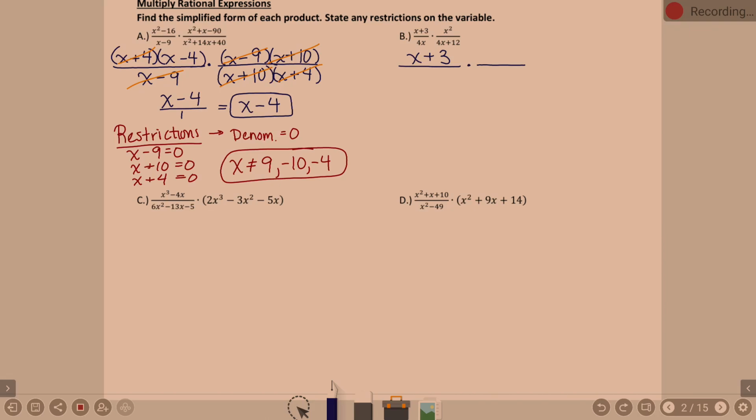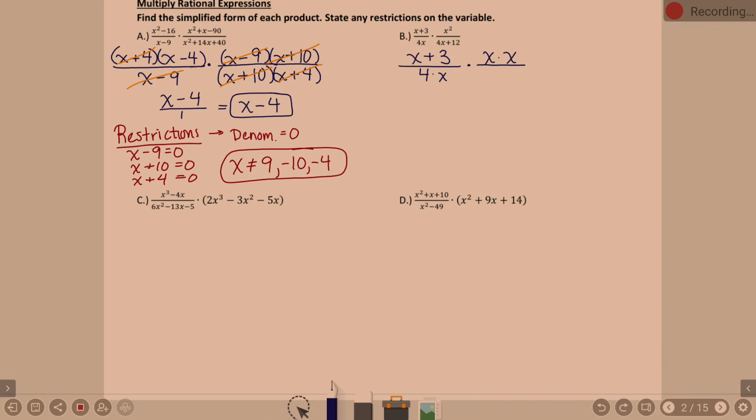Do you agree that 4x is 4 times x? So I'm just going to put a multiplication dot in there, but it's 4x. X squared is just x squared. I am going to rewrite it. X squared is what times what? X times x.